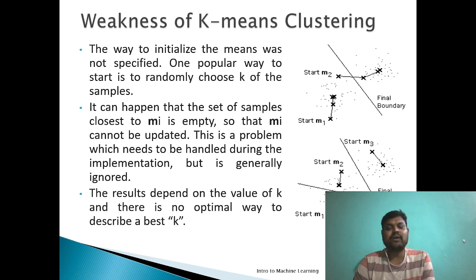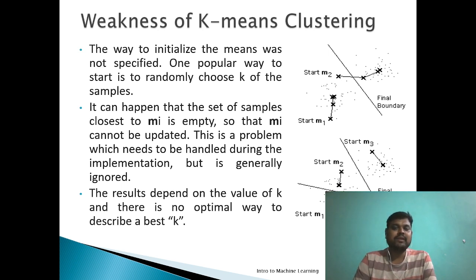The weakness of k-means clustering is that the way to initialize the k value is not known. You have to randomly select the k value, or you have to use the elbow method.